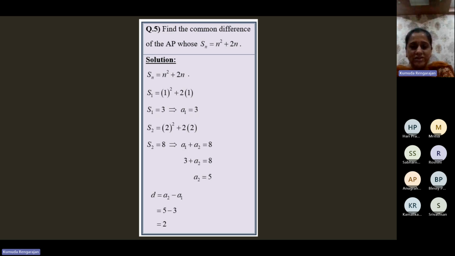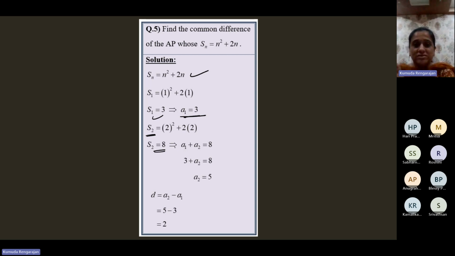So we're given Sn, find S1. S1 is nothing but A1. Sum of the first term of the AP is nothing but the first term. A1 is 3. Then find S2. S2 is 8. S2 is not the second term; A2 is the second term.